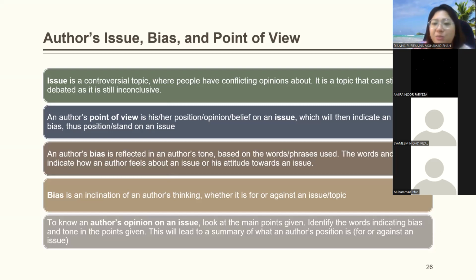We have learned about this before. Okay, so the words and phrases indicate how an author feels about an issue or his attitude toward an issue. Okay, and then bias is an inclination of an author's thinking, whether it is for or against an issue or topic.